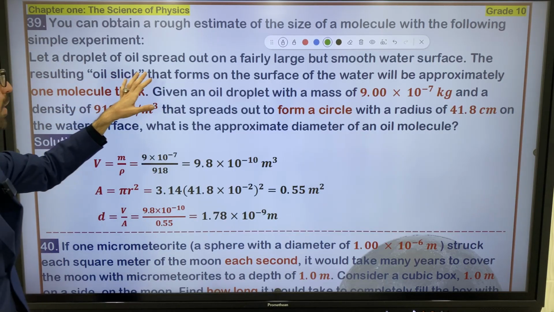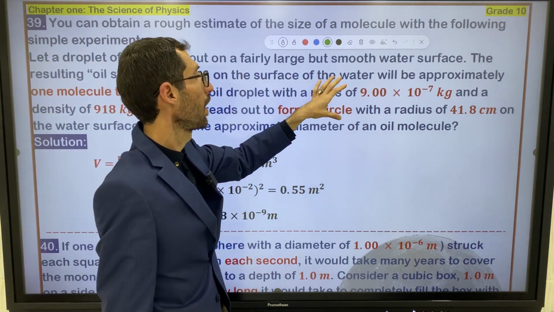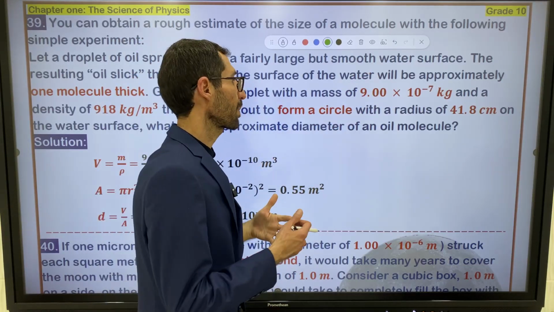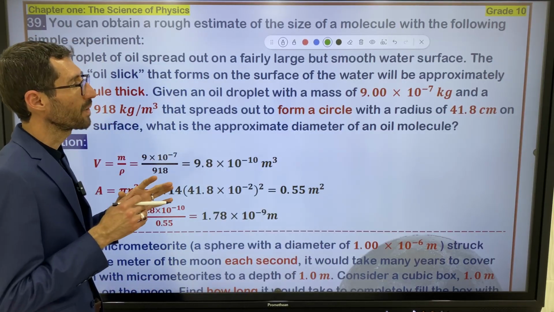Let a droplet of oil spread out on a fairly large but smooth water surface. So we have an experiment here. It mentions the experiment. I'll summarize it for you actually.